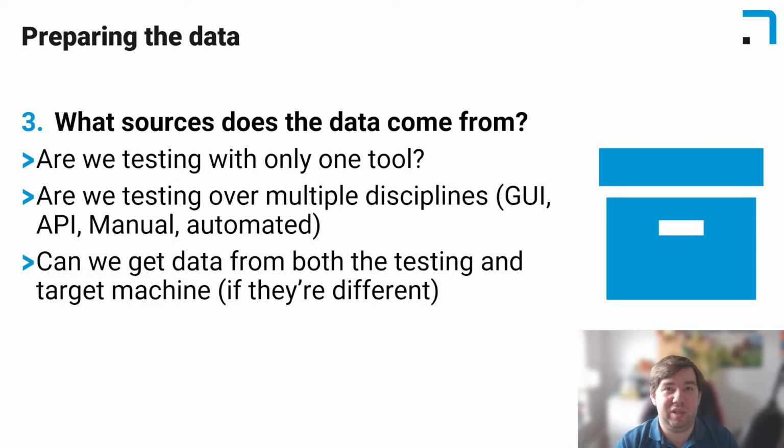Oftentimes, part of the process will be relegated to the client or testing machine as well as our target server machine. And so we'll want to know how those machines are working at that specific moment when we make requests. Are we leaving the entire generation of the web page and filtering and all of that to our client machine, or are we handling that server side? If we're handling that server side, what does that mean?